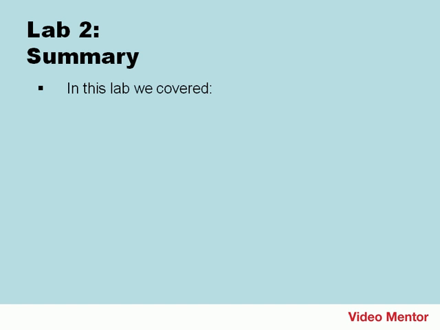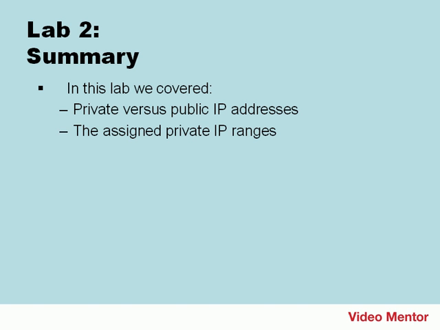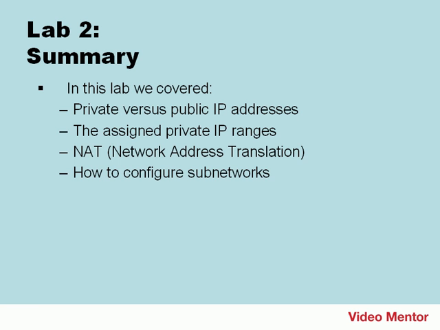Okay, in this lab we covered private versus public IP addresses, the assigned private IP ranges like Class A 10, Class B 172.16 through 172.31, and Class C 192.168.x. We talked about NAT, or network address translation, and we showed you how to configure subnetworks.